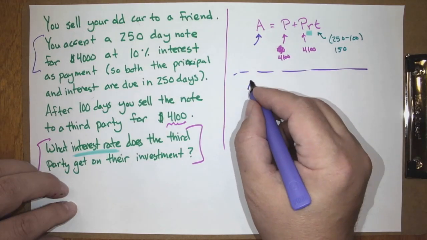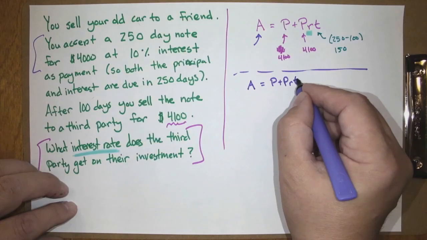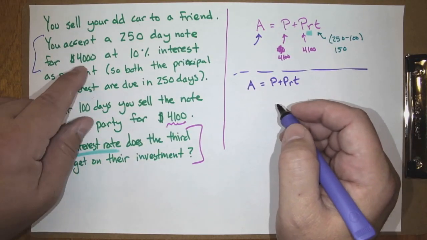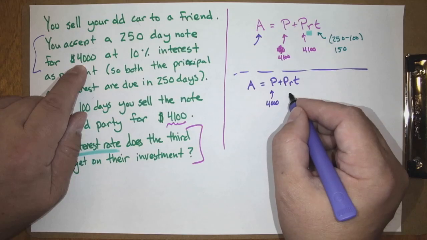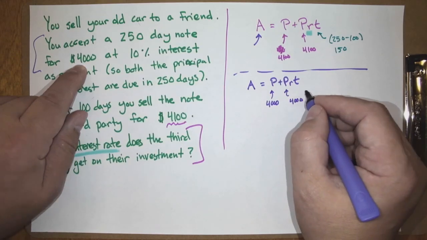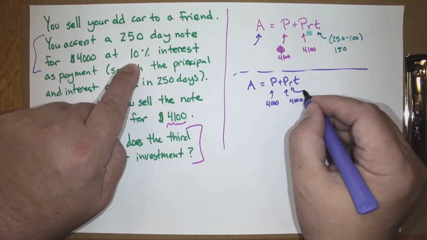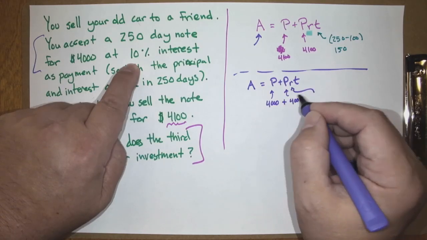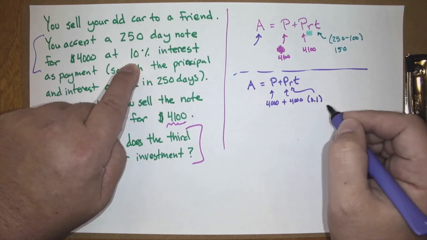So the sidetrack for our friend, P plus PRT. So the friend, they put in $4,000. That was their present value. The interest rate was 10%. So that would be 0.1.